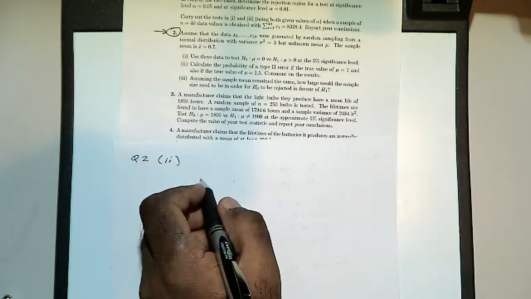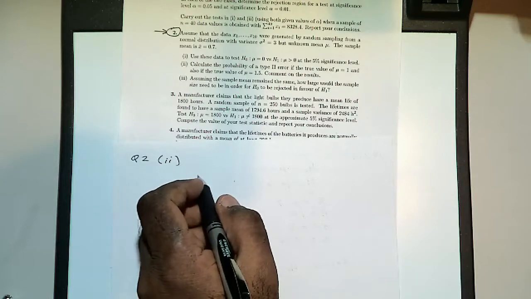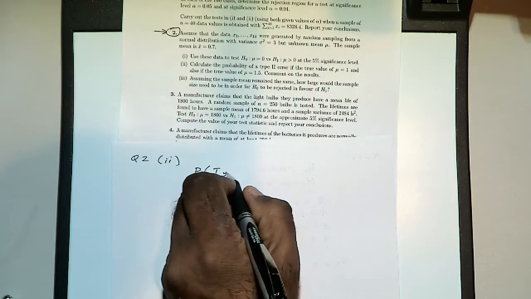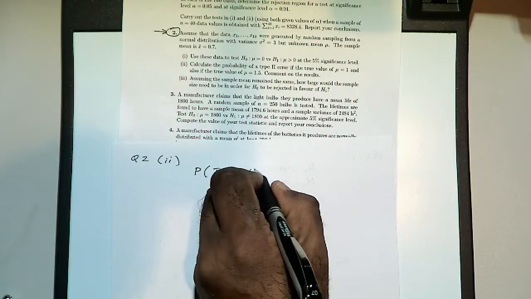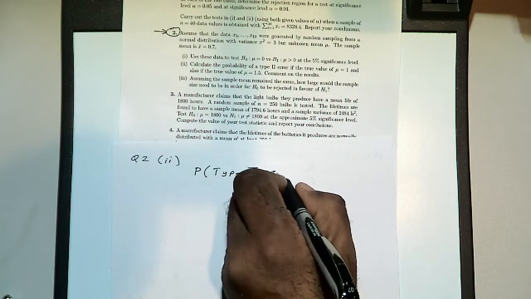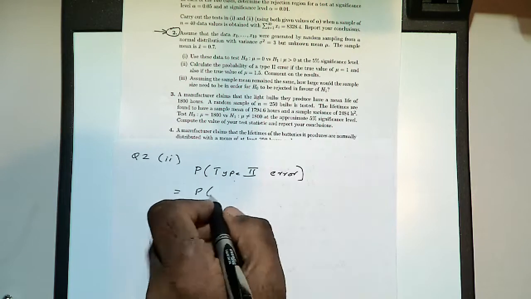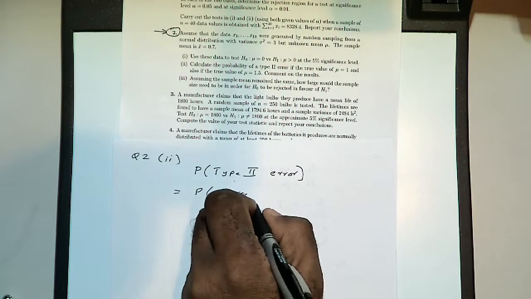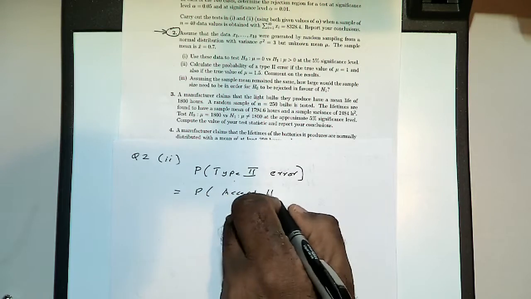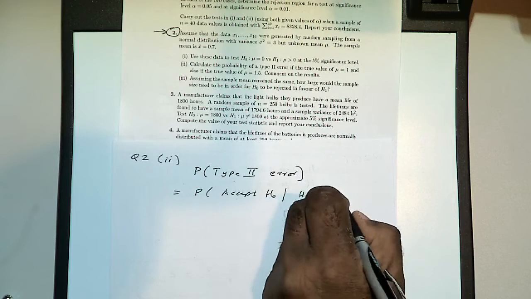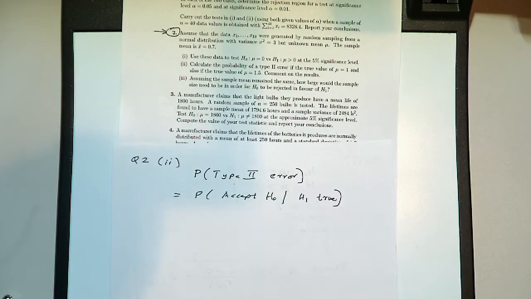You remember last review session on Friday, the probability of type 2 error. Do you remember what it was? It's the probability of accepting the null hypothesis when H1 is true. Right? Yeah, from Friday last week, I think I mentioned this.